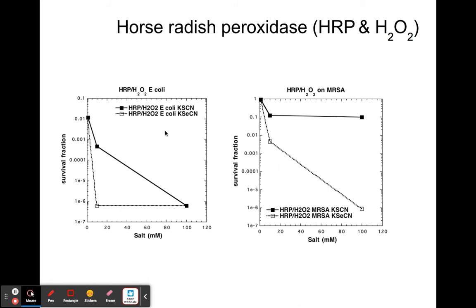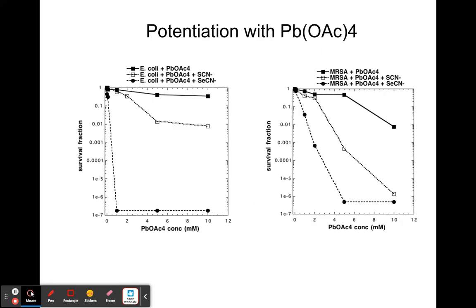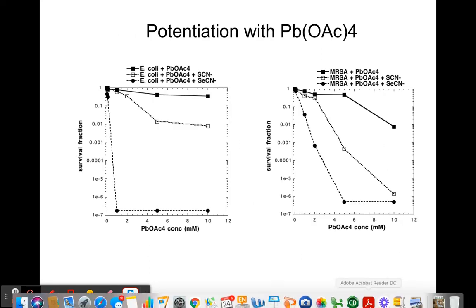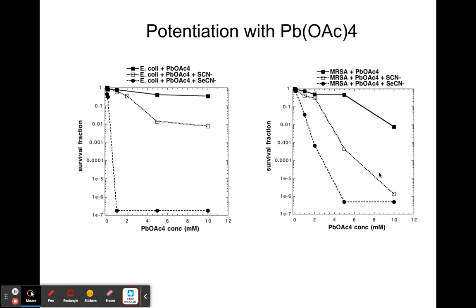Selenocyanate gives you a lot of potentiation compared to thiocyanate, and with MRSA especially. So the selenocyanate is more easily oxidized and gives more bacterial killing. Again, comparing lead acetate, it works a bit with both of them, but it's more pronounced with selenocyanate.